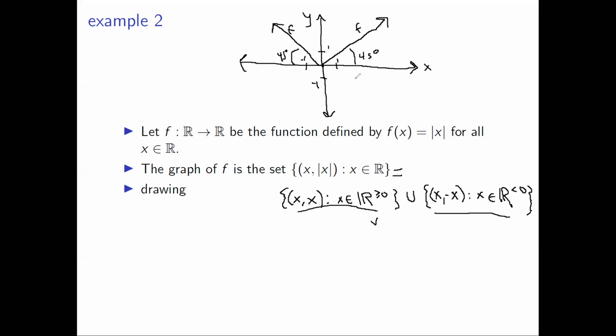This is f over here. They're both f, just f in different parts of the domain. And I will note here that this is also, that's 90 degrees. And so is this. It's 90 degrees. So that's a drawing of the graph of f.